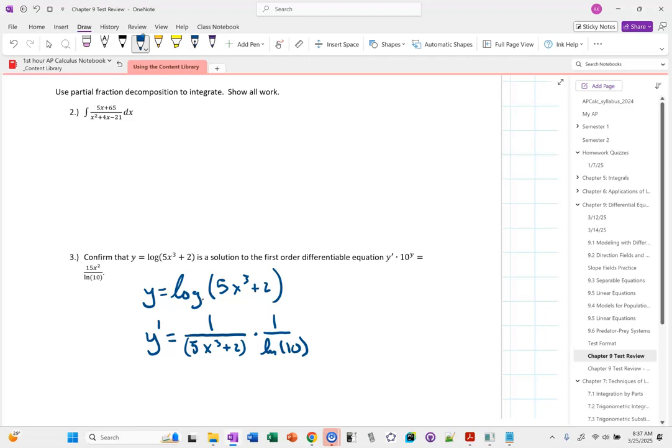Because this is log base 10, right? Everybody's okay there? And then we have times the derivative of the inside. What's the derivative of 5x cubed plus 2? 15x squared.